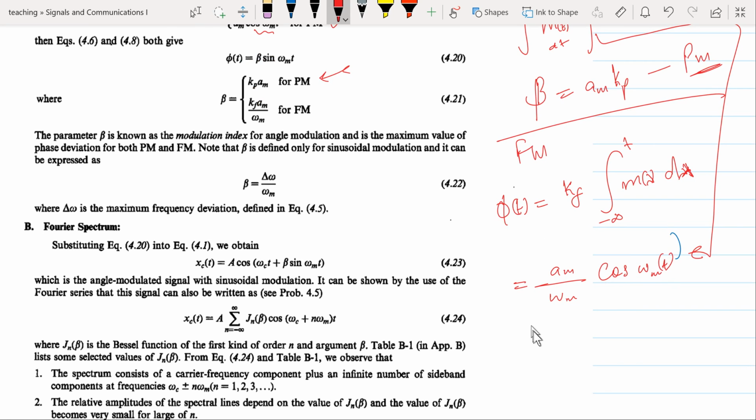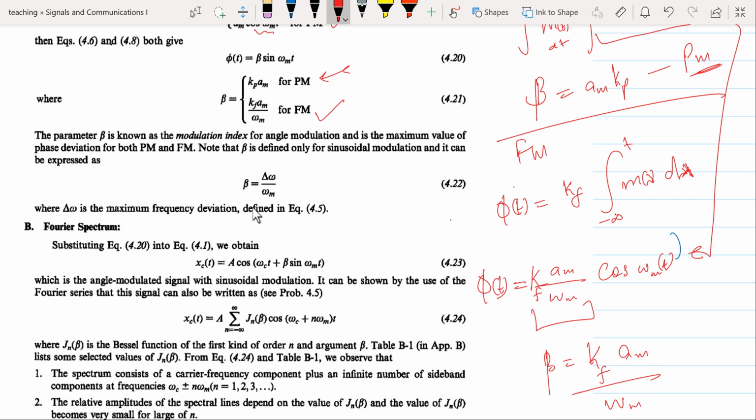And therefore we multiply this with k_f, and we say that this is equivalent to phi of t, and therefore we can simply conclude that beta is equal to k_f A_m over omega m, as we have seen defined in equation 4.21.